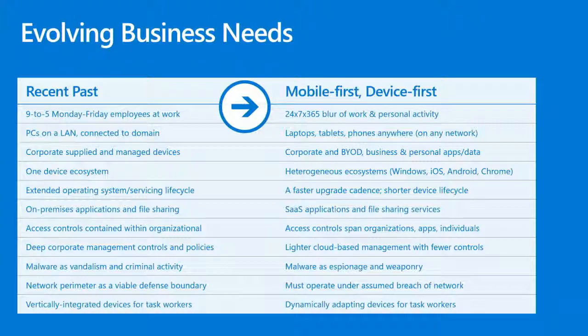Today, it's laptops and tablets and people that are traveling to coffee shops and hotels and using their machines from home and from work, and lots of mixed use cases for these devices. They're not always connected to your corporate network. They're connected in different ways, potentially even during the course of a day. They could be connected initially in the office, then at home, then in a coffee shop, then in an airport, and so on from there.